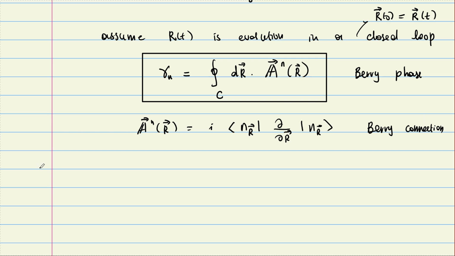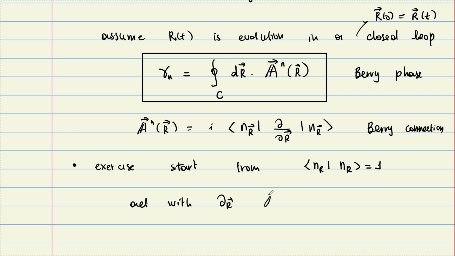So, just to save time, there's a trivial exercise. Start from the normalized eigenvectors, where the inner product of n with n is equal to 1, and act with del r on both of these, and show that the bra n of r del r the ket n of r is pure imaginary.